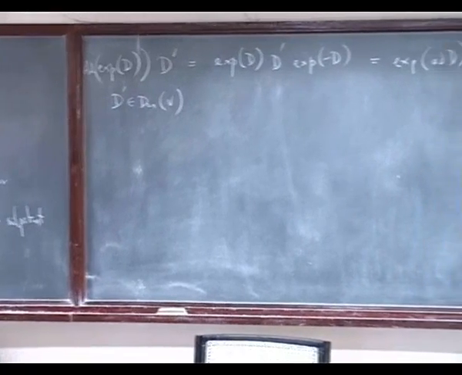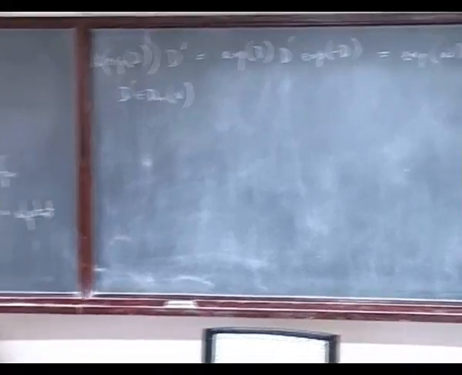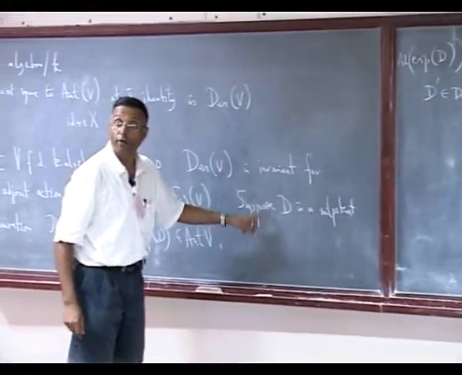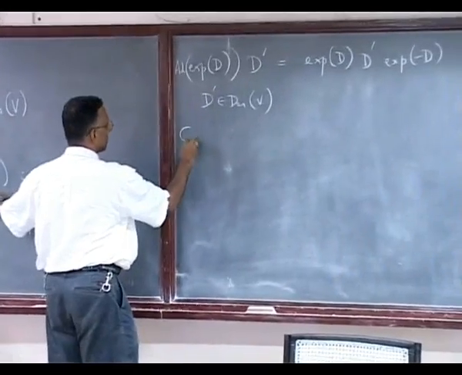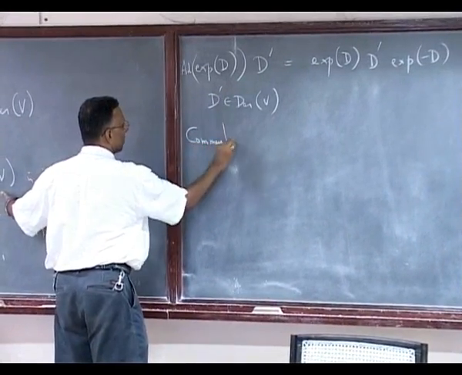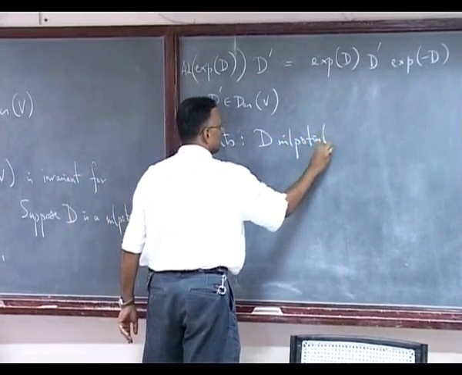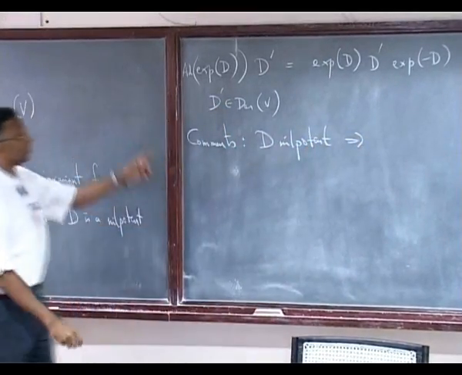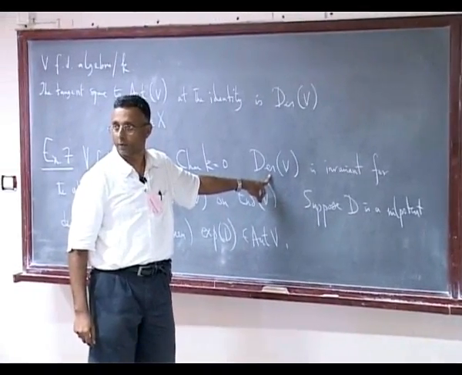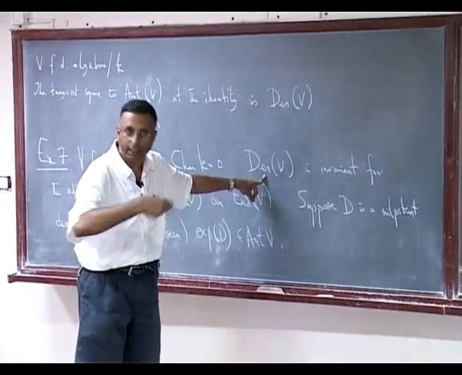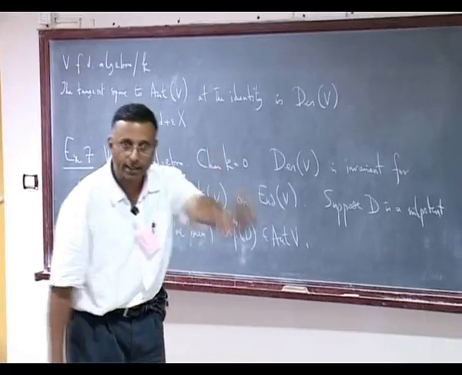Now notice this is related to what Upendra was mentioning in the morning. If D is a nilpotent derivation on V, here are some comments. D nilpotent implies ad D acts on Der V. If you give me a derivation, then the commutator of D with that derivation is again a derivation.